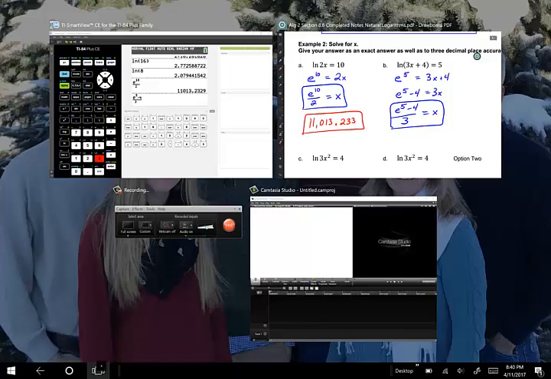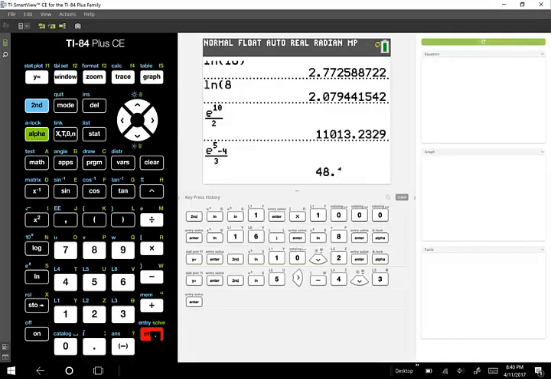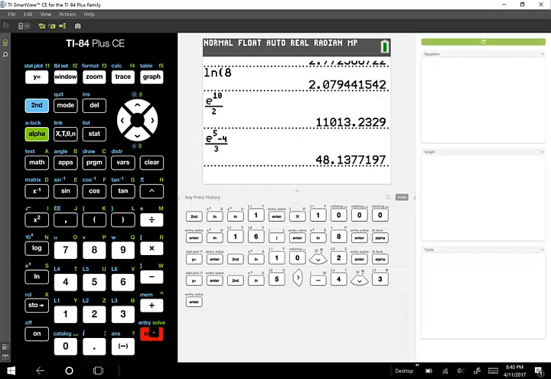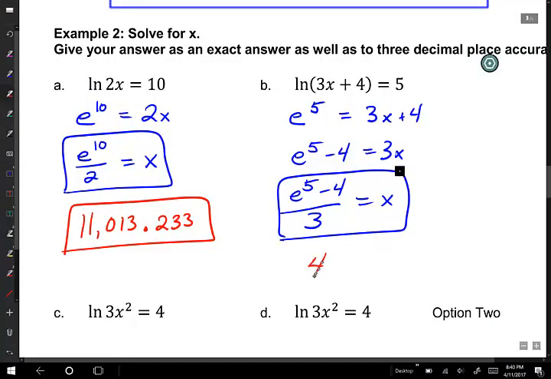E to the fifth minus 4 over 3. It certainly is. So let's hit enter. And our answer is going to be 48.138. 48.138 will be our approximate answer versus our exact answer up in blue.